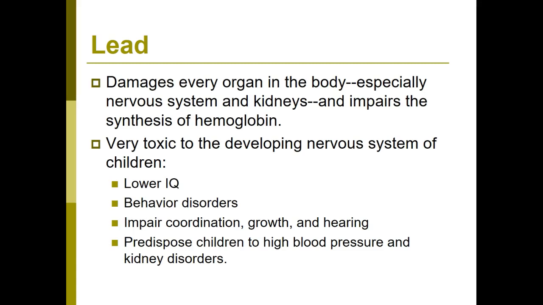It also impairs the synthesis of hemoglobin, so it can be devastating. And it is even more dangerous in children. It's toxic to their developing nervous system and can result in lower IQs, behavior issues, impaired coordination, growth, as well as hearing. And it can also predispose kiddos who are impacted to high blood pressure and kidney disorders.